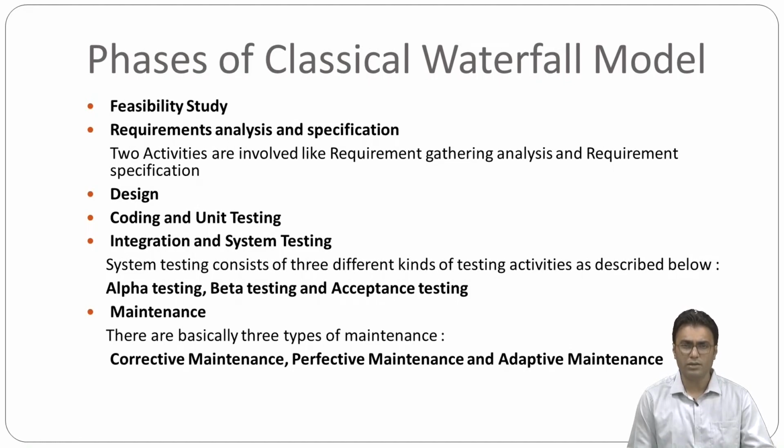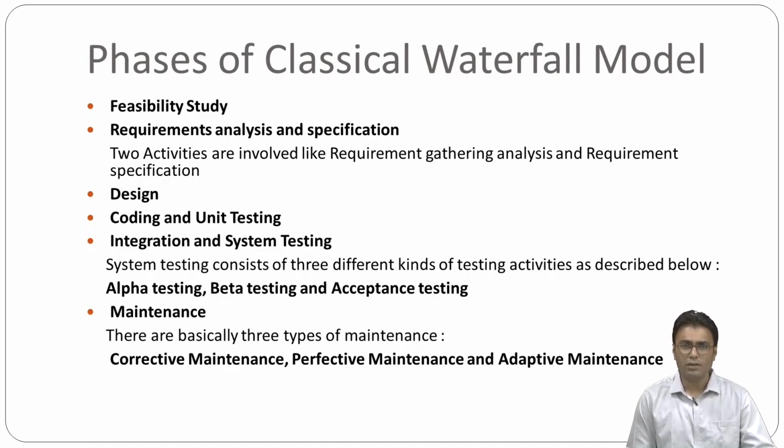Then the second one is requirements analysis and specification. The aim of the requirements analysis and specification phase is to understand the exact requirements of the customer and document them properly. This phase consists of two different activities: requirement gathering and analysis, and requirement specification. Now, let us understand requirement gathering and analysis.